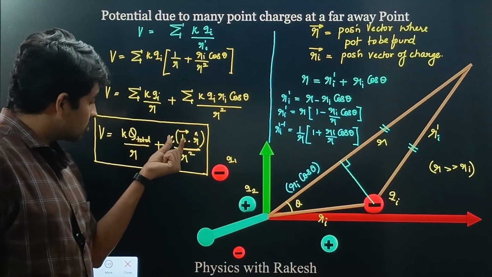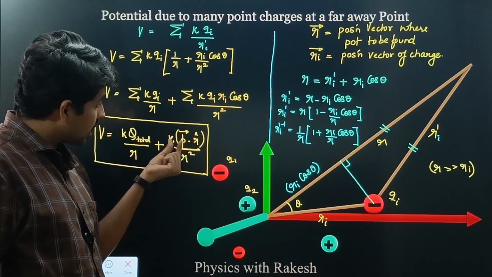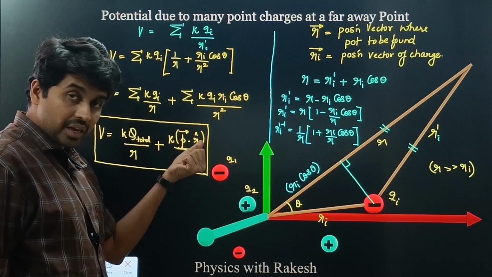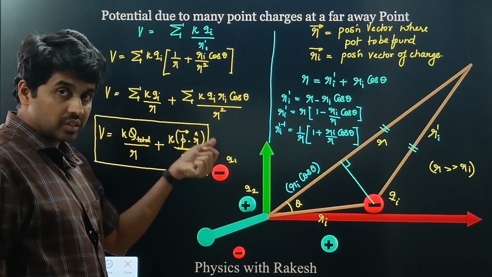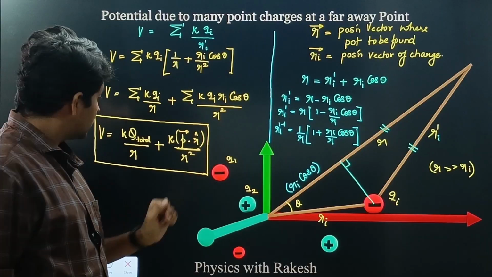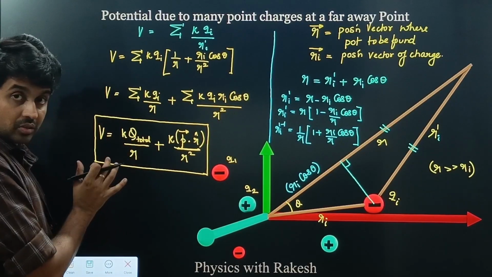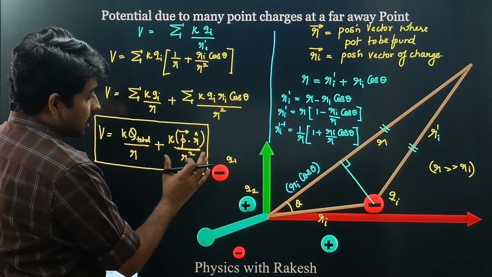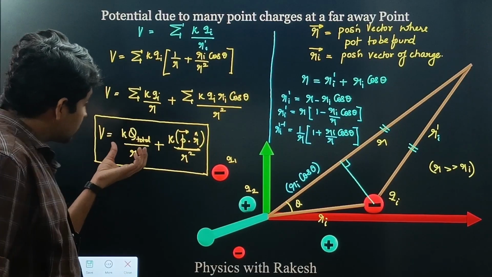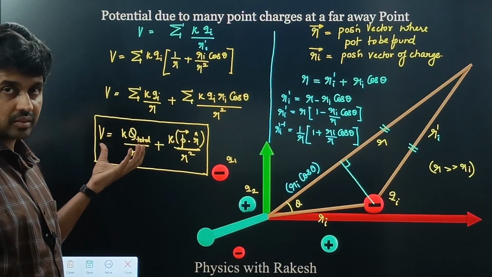This p bar consists of summation q1 r1 bar plus q2 r2 bar plus q3 r3 bar, and q1 r1 bar dot r cap will be q1 r1 cos theta 1, q2 r2 cos theta 2, and so on and so forth. So we are getting the potential in two parts. One is the potential due to the dipole, and the other is the potential due to the total charge, which is the monopole, we can say.